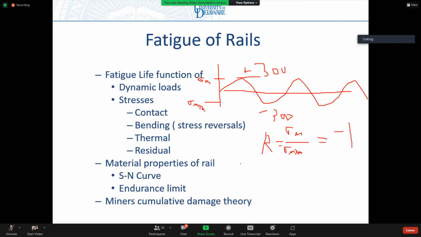However, in the railroad world, so now we go back to our beam and elastic foundation analyses, and we calculate our moment and then our stress diagram. Our stress diagram goes like this.